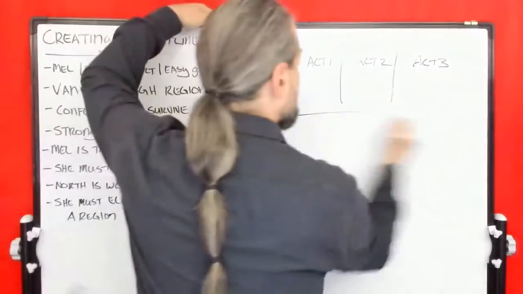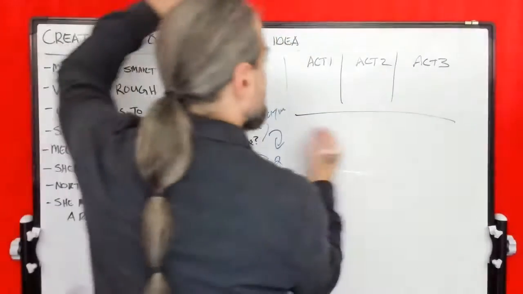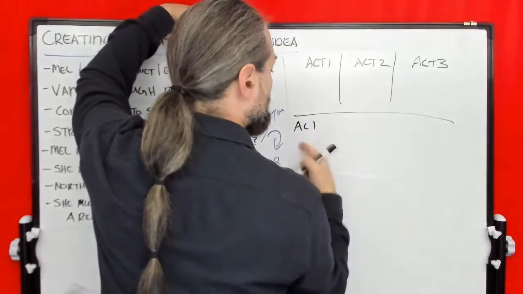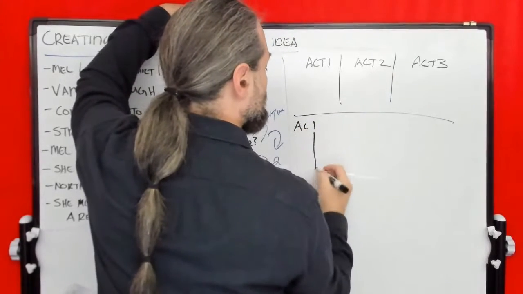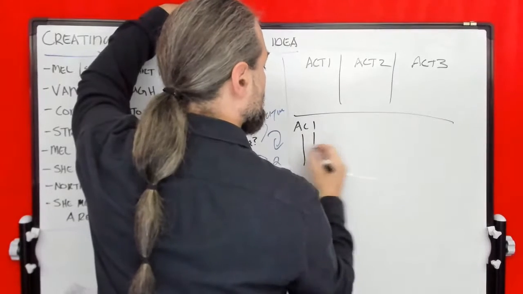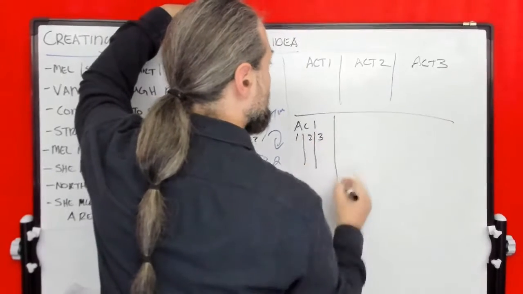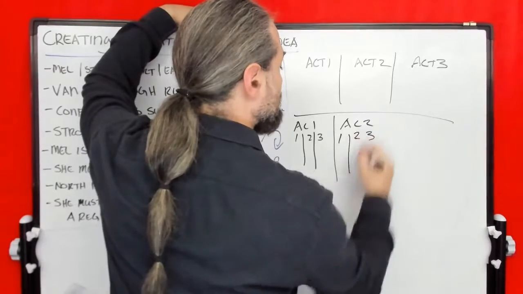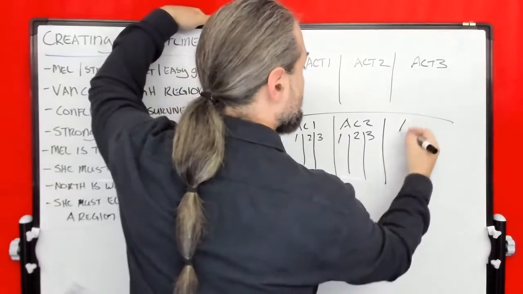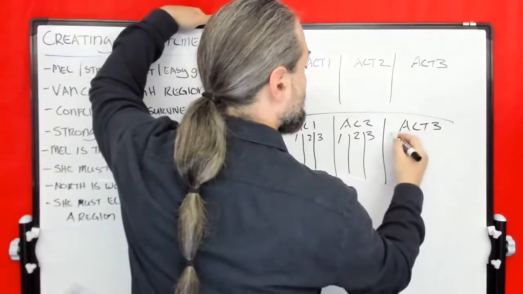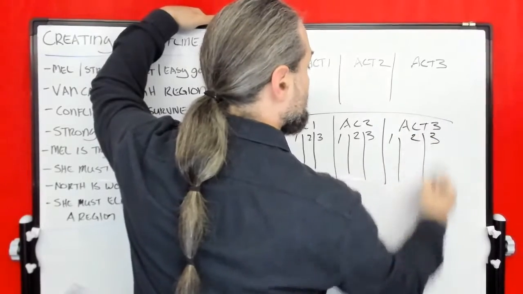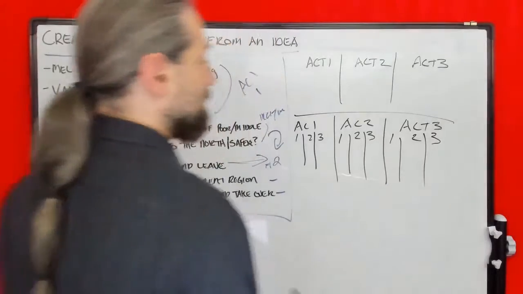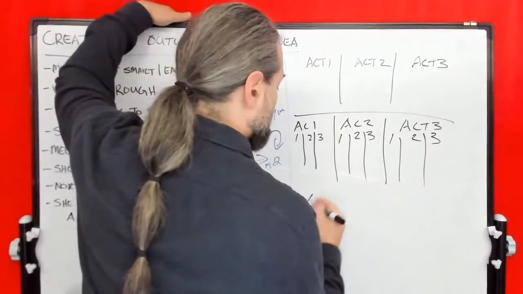But you will find that sometimes they'll do an Act 1 and break that up into 3 parts, 1, 2, 3, and then there's an Act 2, and they break that up into 3 parts, and then there's an Act 3, and you'll see them break that into 3 parts, which we're going to go over in another video, another lesson.